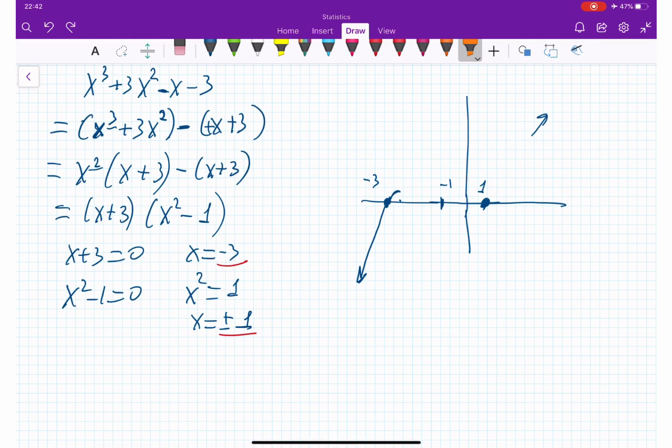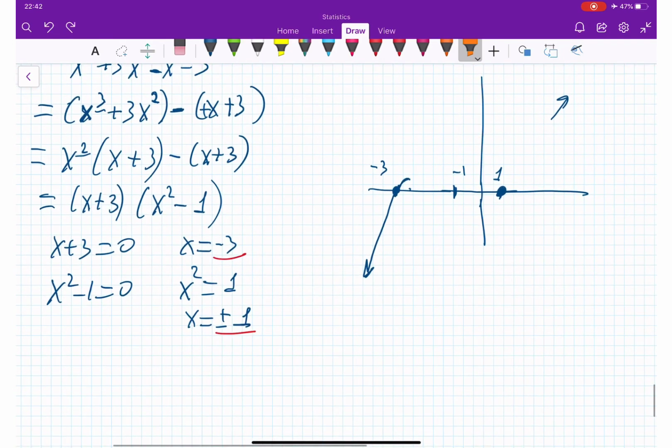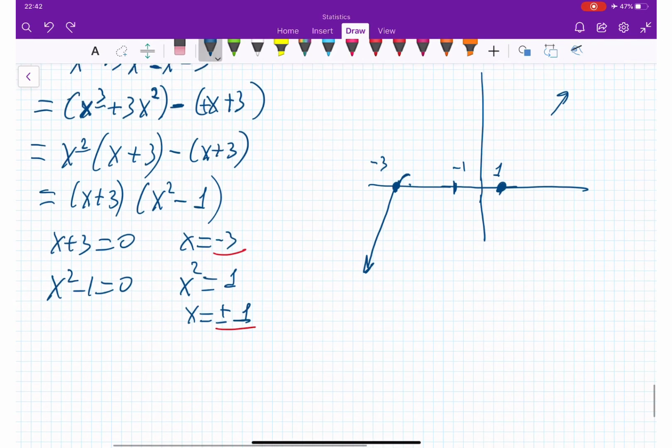No, it's not going to be a turning point because I have x squared, it's for 2 ones, one positive 1 and negative 1. Okay. Let me fix it. So it's going to be degree 1 instead of 2 because here we have degree 1.